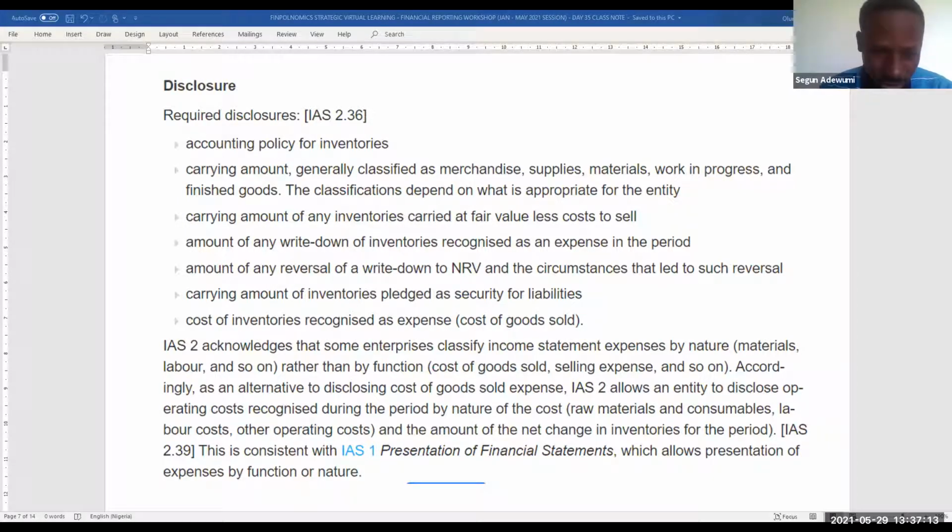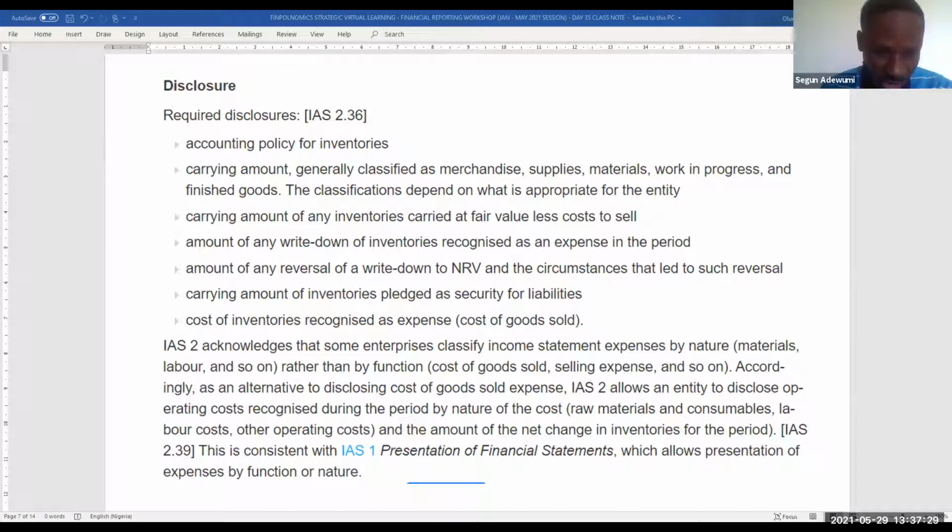IAS 2 acknowledges that some enterprises classify income statement expenses by nature, materials, labor, and so on, rather than by function, cost of goods sold, selling expense, and so on.